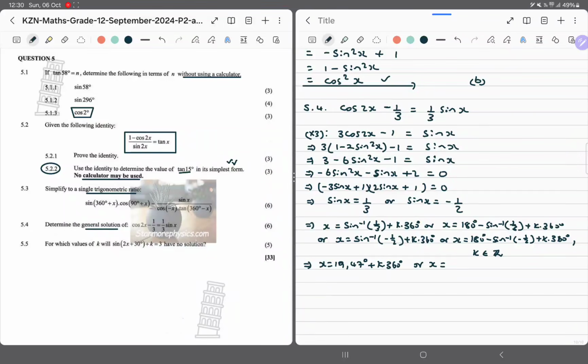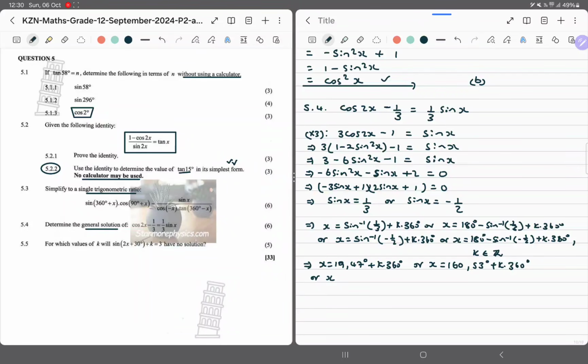So here we just subtract that from 180. Nice and easy. So it gives us 160, comma, 3 degrees plus k times 360 degrees, or x, we come to this one.